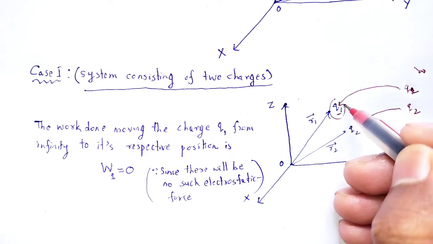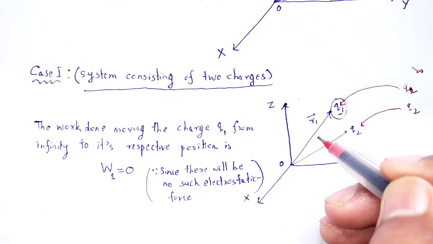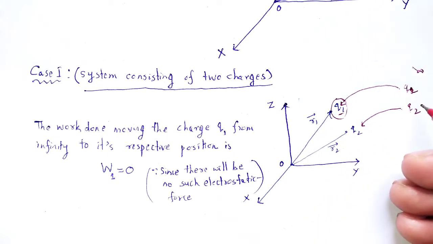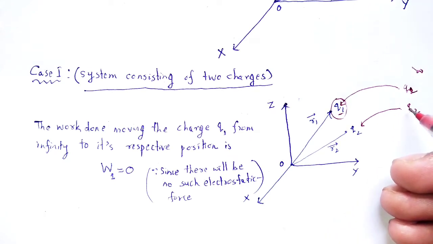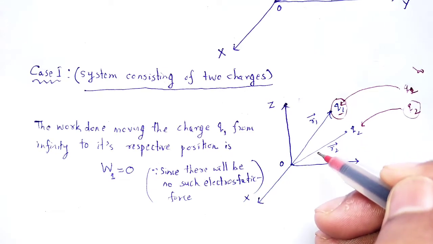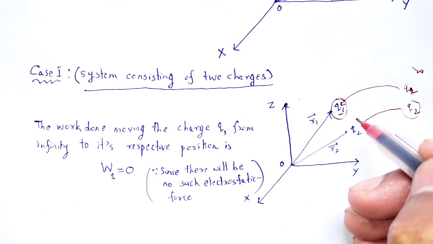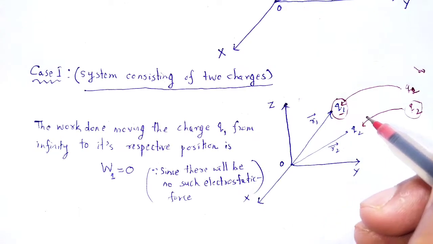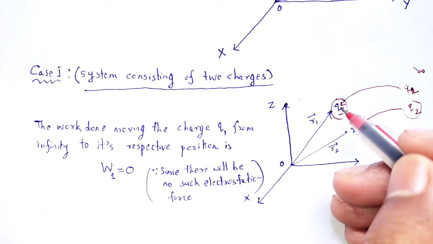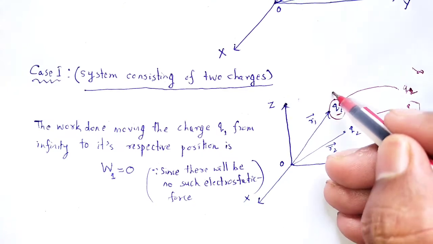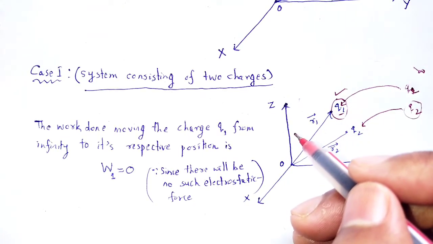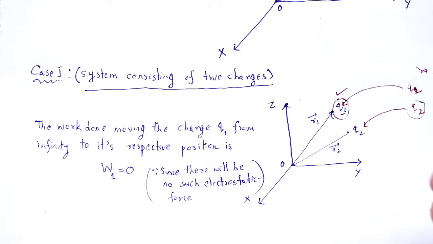The charge q1 is at its position r1, and we move the charge q2 from infinity to its position r2. So here there is an electrostatic force, and work is done against the electrostatic force due to the charge q1. So there will be some work done.